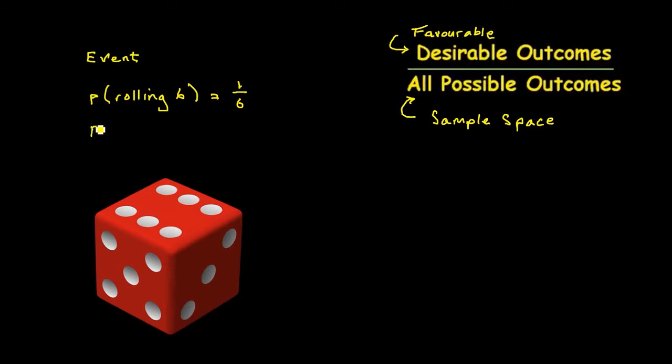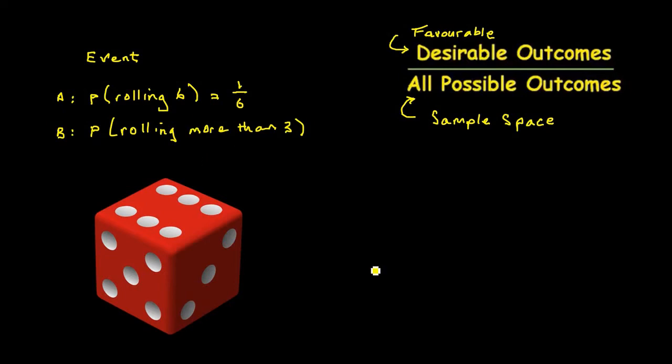Now if we think of another event of rolling, for example, more than 3, so we've got 2 events here now, and we might label these event A and event B. It's very common to label our events in this way. We can then make statements about event A and event B without writing out all the words inside the brackets here.